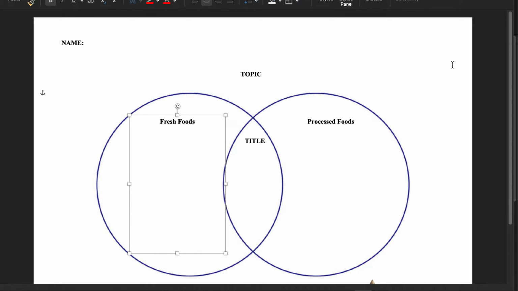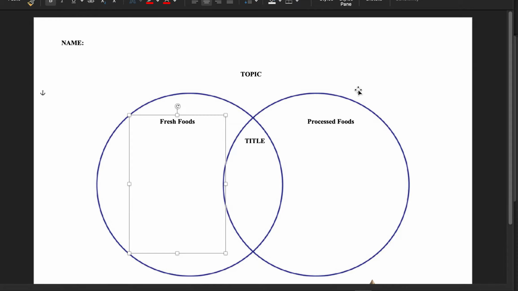This is specifically helpful when you're doing something like a compare and contrast of two different characters in a novel. For example, you are comparing Harry Potter to Ron Weasley. You would have Harry, Ron, listing out character traits, and then the character traits that each of them share. So maybe bravery is one that they both share, but naivety is something that only Ron has, so that would be on this side.